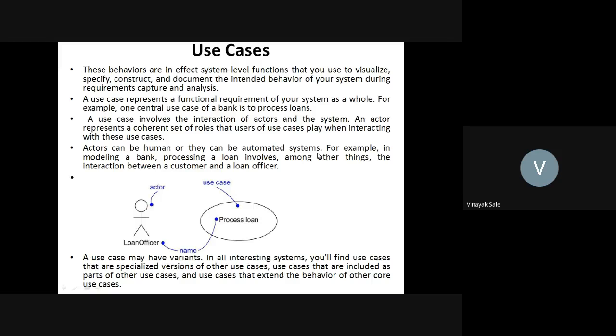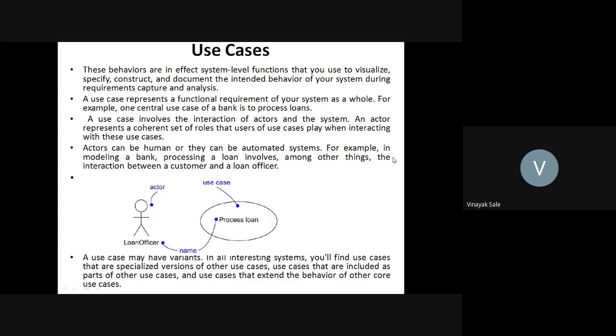In the case of an ATM machine, when you draw money from the ATM, the ATM acts as an actor. So an actor may be an automated system.